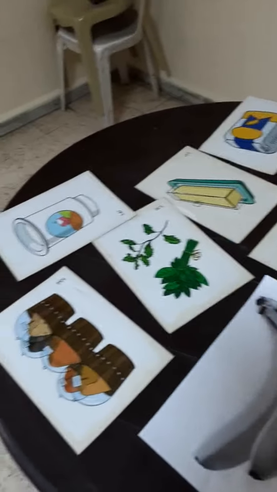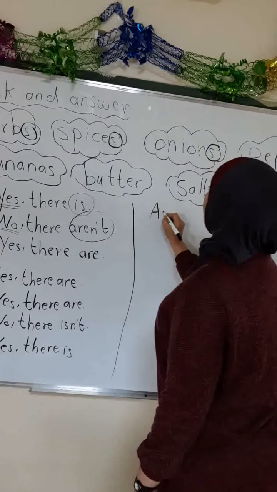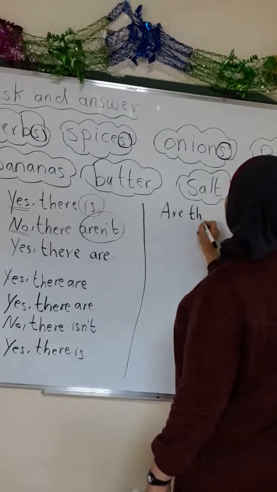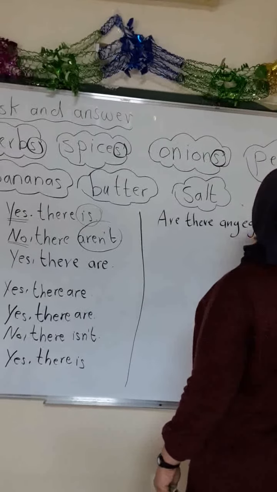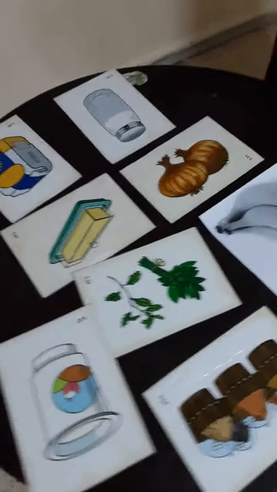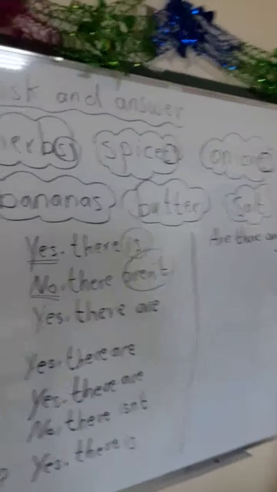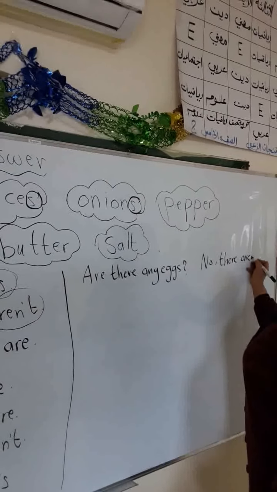Look at the table. Eggs. Eggs are plural. The question here is, are there any eggs? We said no, there aren't.